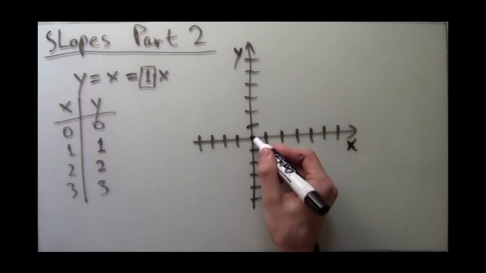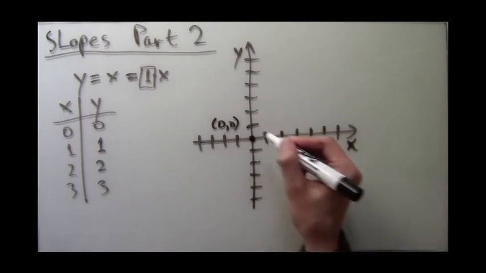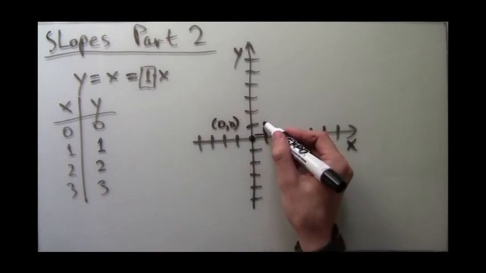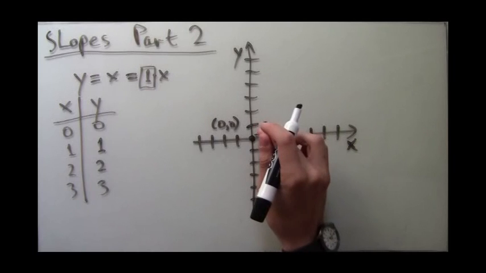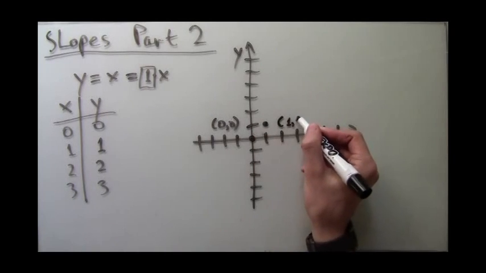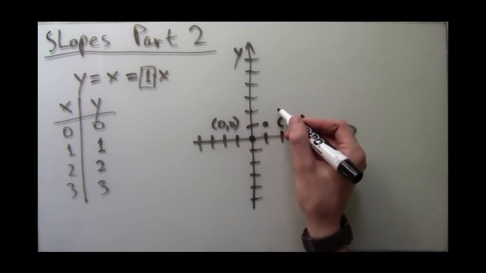We first take the point 0, 0, and we draw it. It's just the origin. And then we'll take the next point, 1, 1, and draw it. Now that is enough to be able to graph our line, but just to be sure, we'll take a third point, 2, 2.